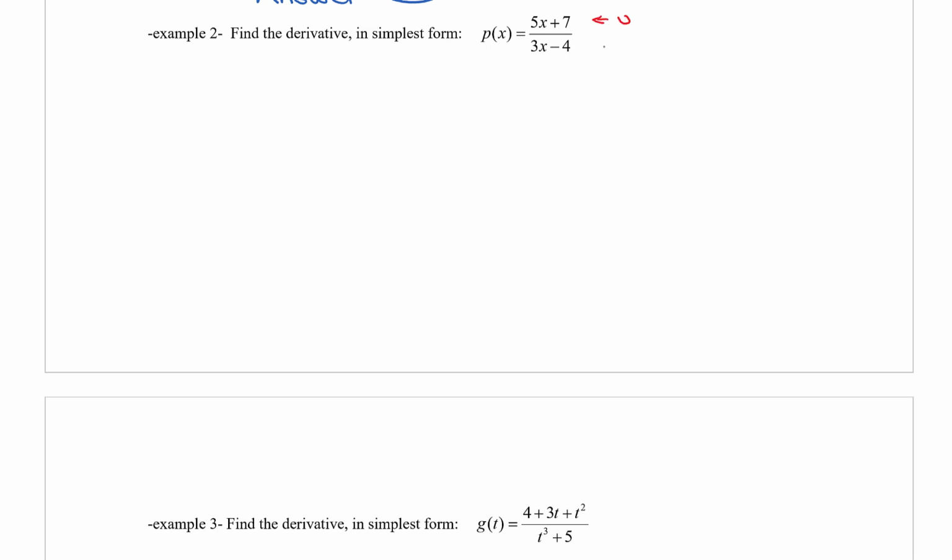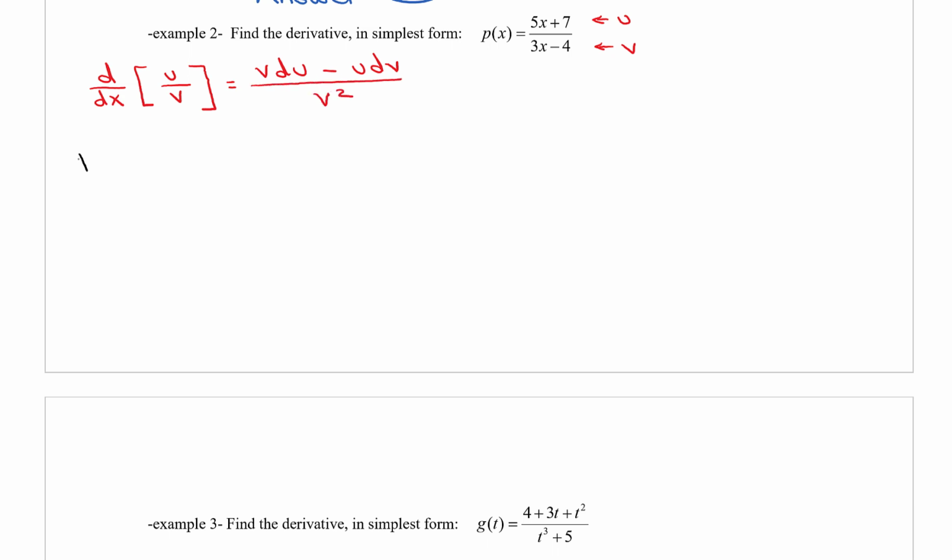I've also drawn an arrow pointing towards the denominator on the right-hand side of the function, and I have labeled that denominator as v. I have written down the quotient rule: the derivative with respect to x of u divided by v is equal to v du minus u dv all over v squared.